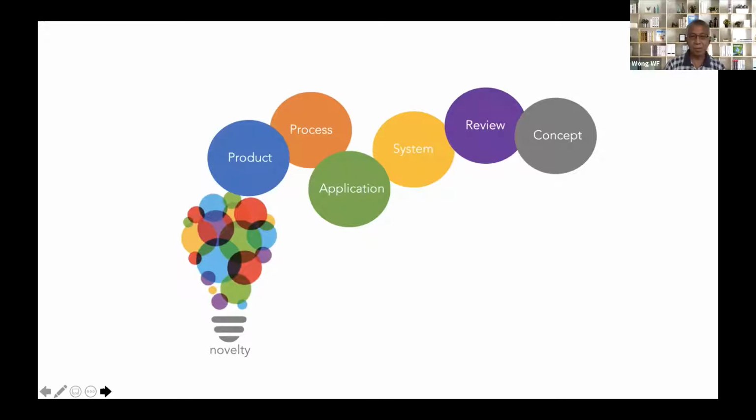Review is kind of important because I know some of you like to publish review papers, so that can go along well as well. And last but not least, concept, something probably intangible where you find it difficult to come up with a graphical abstract, and what do you do with that?